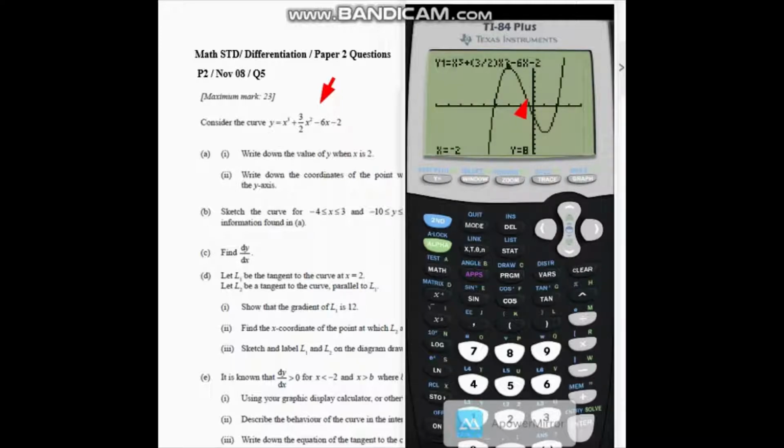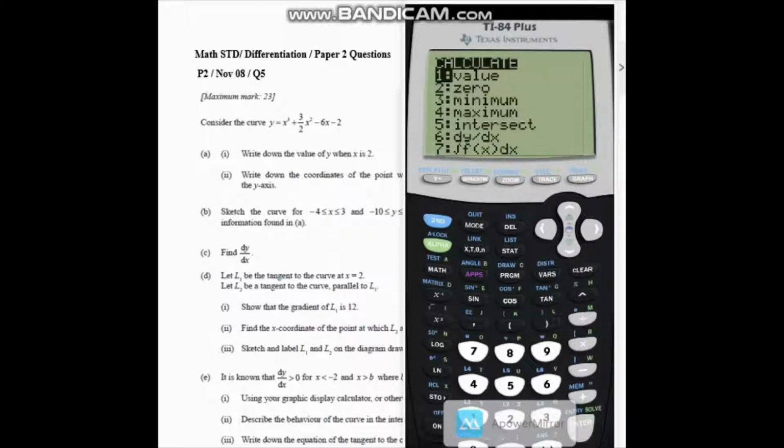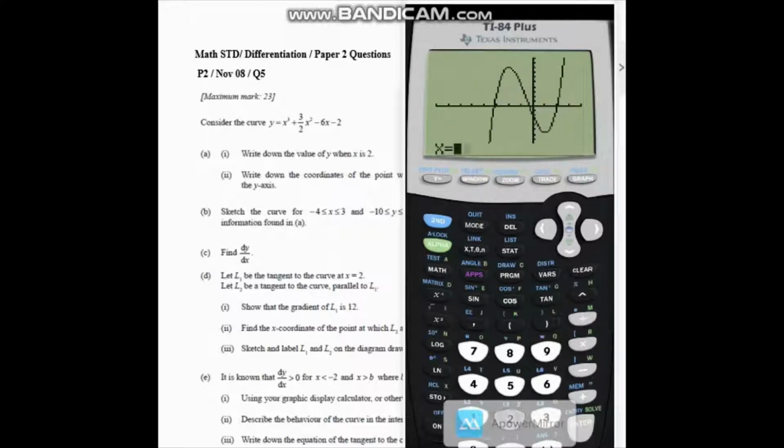There is my function. So we want the value of y when x is 2, so we press second, trace, value 2, and the calculator tells us that when x equals 2, y equals 0. So this is the answer to AI.